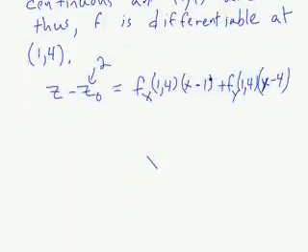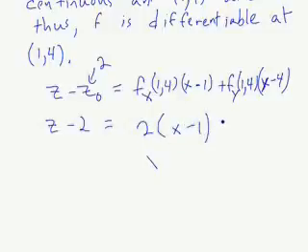So go back down here and plug into the tangent plane equation. z minus 2 equals 2 times x minus 1 plus 1/4 times y minus 4.